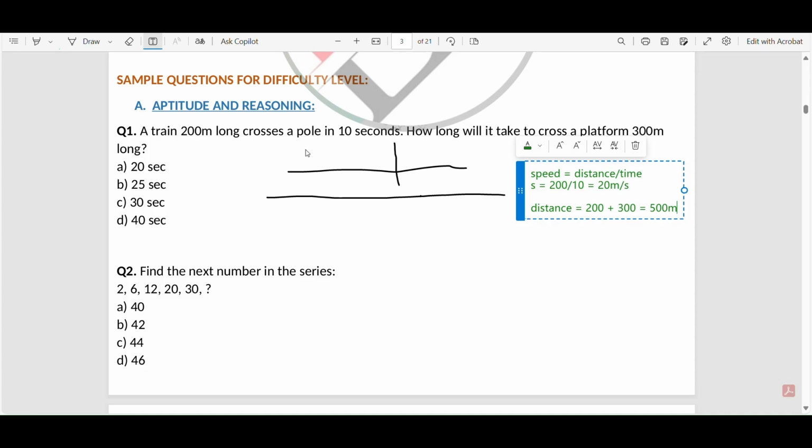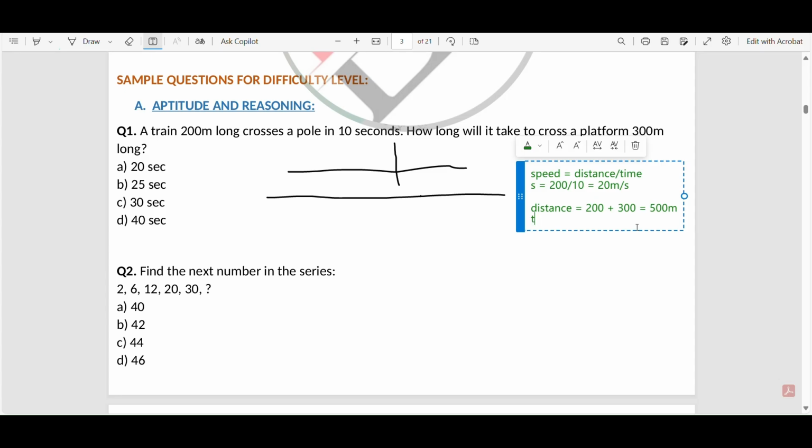For the pole, the 200 meters is all we consider, since the pole is of nothing, right? But here we have the platform length also, so we need to add that. Our new distance will be 500 meters.